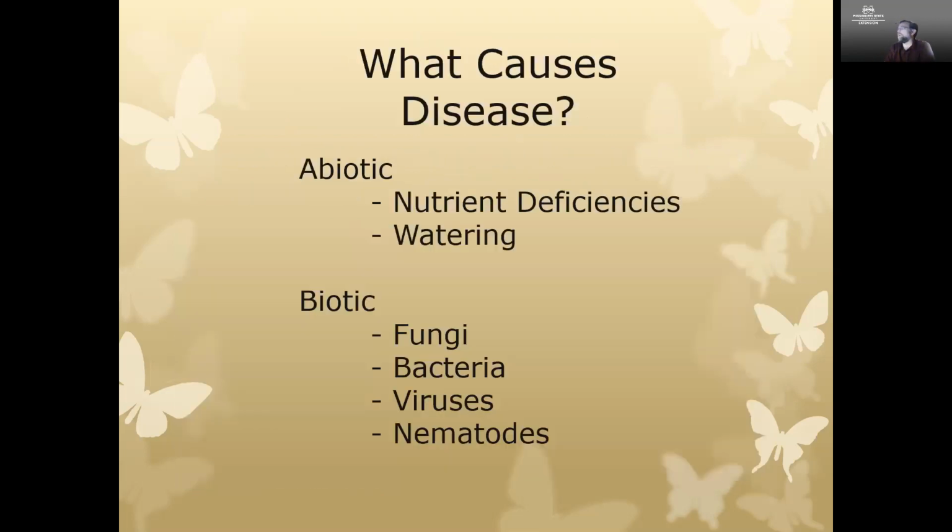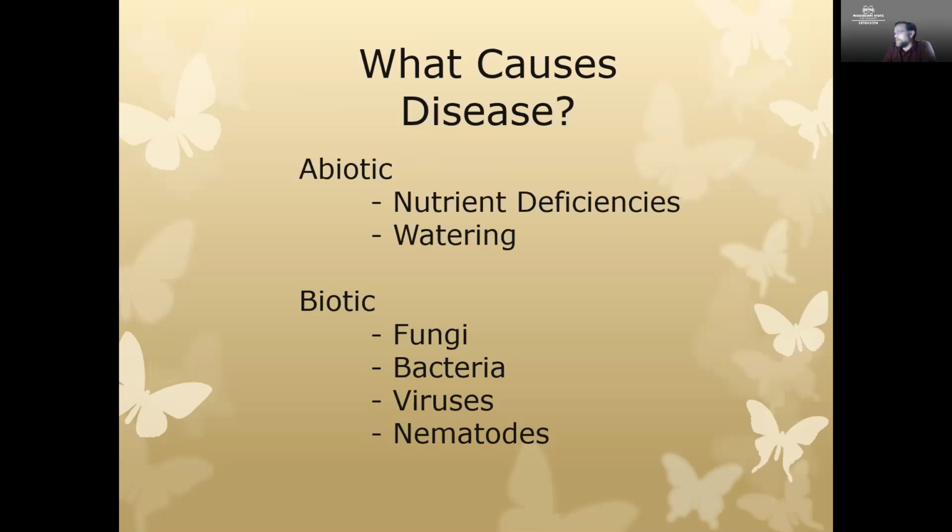So what causes a plant disease? We can break that down into two really broad categories. The first of those is what we call an abiotic disease. That just means it's not caused by some sort of foreign organism attacking the plant. Two good examples of those are nutrient deficiencies and problems with watering.